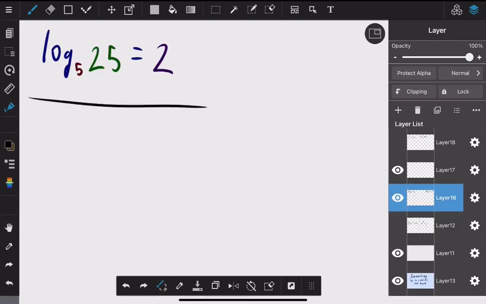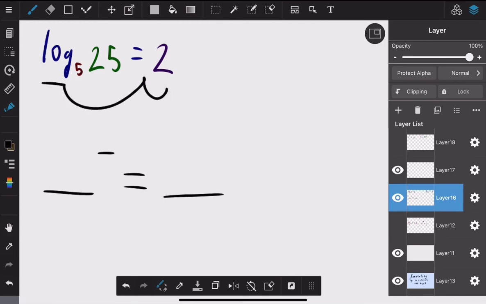So here's example problem 1, and we are converting from log to exponent. So let's set up just some blanks for an equation, and then we'll fill in the numbers. So this is our base to the exponent equals something. Okay, so the first thing we know is that the log equals the exponent. So this right here must be the exponent, and we'll put it right here in that little blank we made for the exponent.